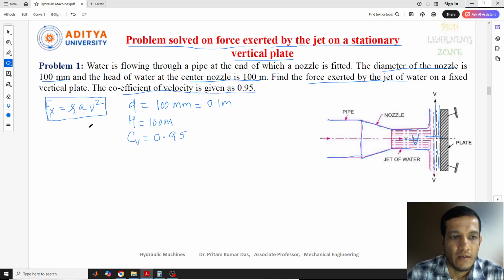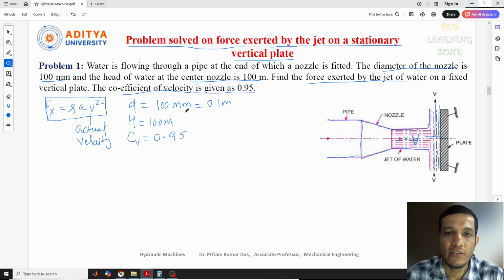Now here we actually need to consider the actual velocity, but in this question the velocity is not given. In some questions the velocity will be given directly, so we can easily find it, but here the actual velocity is not given. Instead, the head and the coefficient of velocity are given. So we can calculate the theoretical velocity, and from that we can calculate the actual velocity.